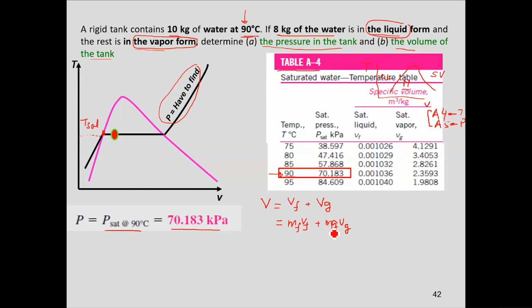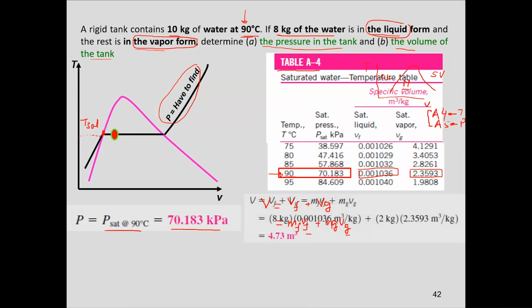Both the masses are given to you. The only thing unknown is the specific volume of the liquid and the specific volume of the vapor. The specific volume of the liquid is in front of 90 degrees centigrade, and similarly the specific volume of the vapor is in front of 90 degrees centigrade.